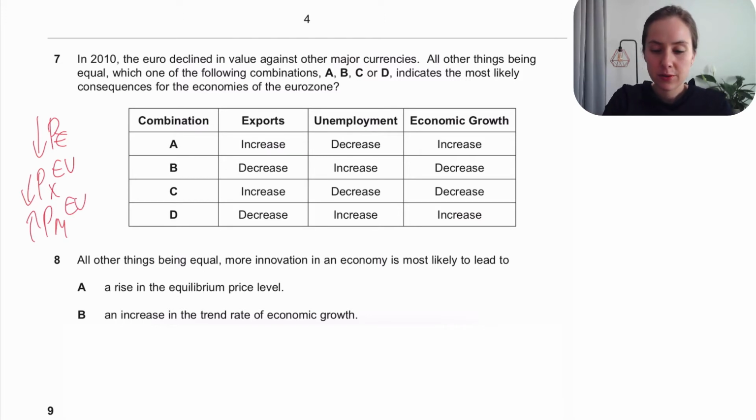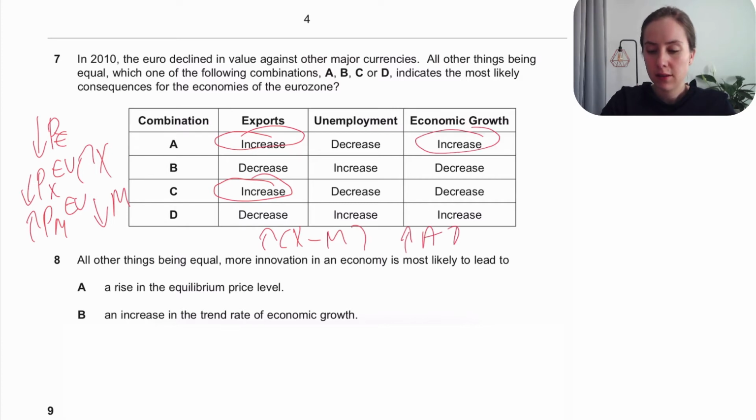So its exports should increase. And so if X increases, M falls. How does that link to growth? We are going to get more X minus M, more AD. There should be more growth. And because there's more growth, there's less unemployment. So I think I like the look of A.